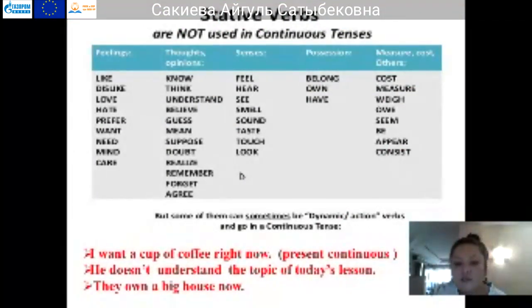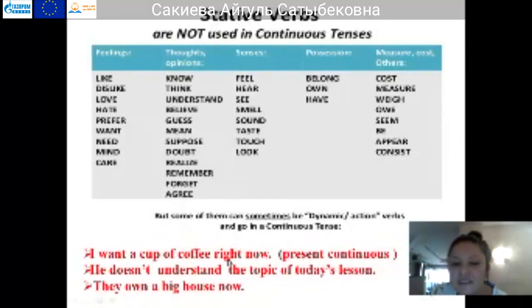Now, stative verbs. So we need to be very careful with stative verbs. These stative verbs we cannot use with present continuous tense, and we cannot use with ing ending, right? For example, I want a cup of coffee right now. So can you tell me, guys, the action is happening now or regularly?